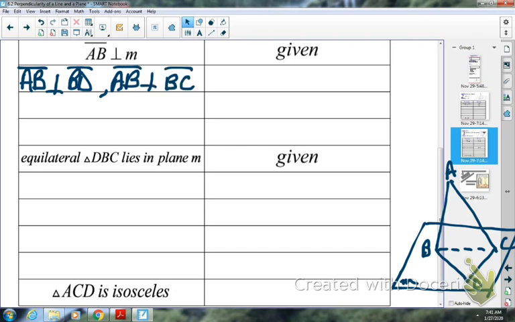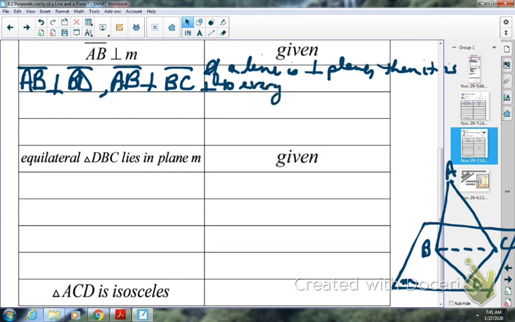And this is the same reason that we talked about earlier. So if a line is perpendicular to a plane, then it is perpendicular to every line in the plane that passes through the foot.